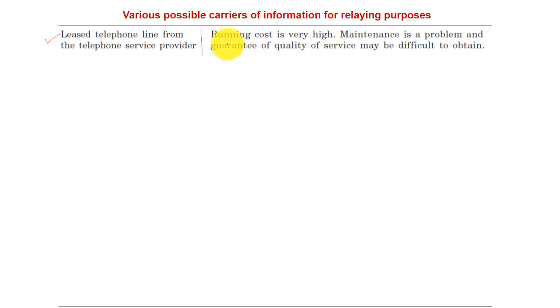What are the drawbacks? Running cost is generally very high for a telephone line, maintenance is a problem, and a guarantee of quality of service may be difficult to obtain.